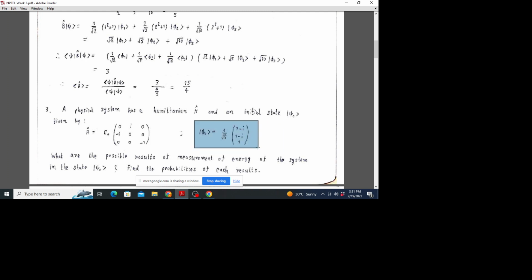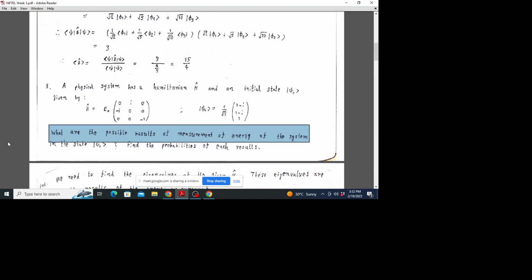You see our Hilbert space is three-dimensional, because we are denoting the Hamiltonian as a 3x3 matrix and the initial state psi naught as a column vector of dimension 3. So the question is, given this Hamiltonian and this initial state, what are the possible results of measurement of energy of the system?